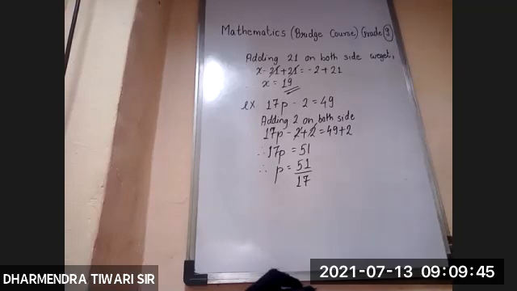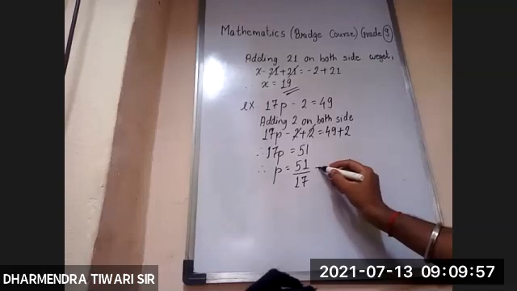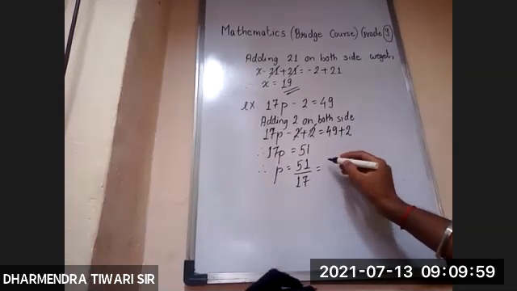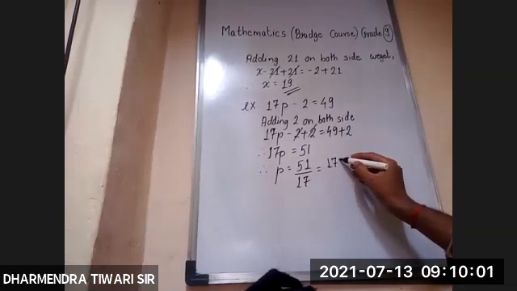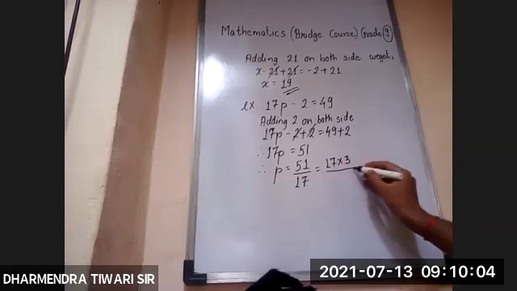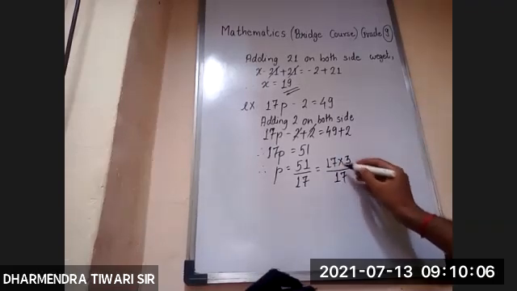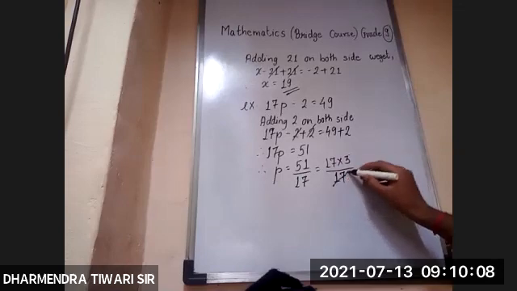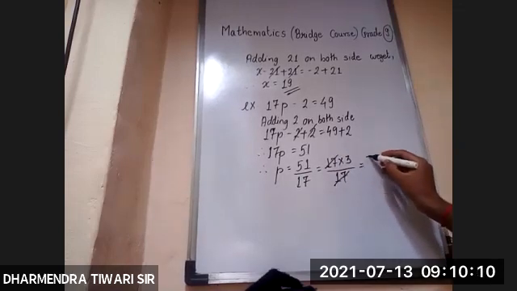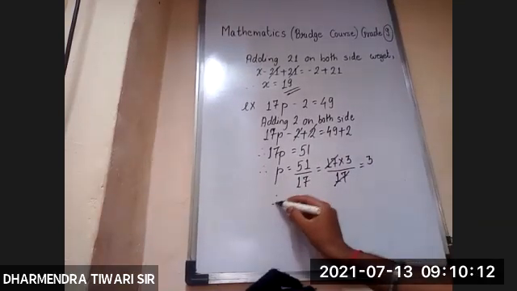On the left hand side, 17 gets cancelled, and I'm not writing that step we did yesterday because I know that you have practiced it well, and you can easily get this step. So after this, you can directly cancel, or you can write it in the form of a table. 17 threes are 51. Cancel 17. What remains is 3. So the value of p is 3.